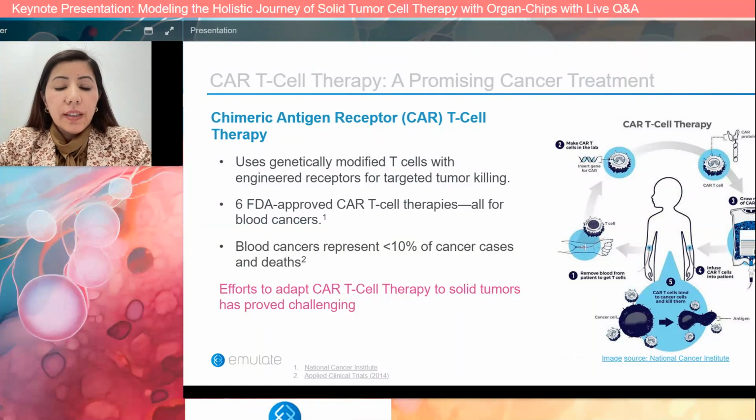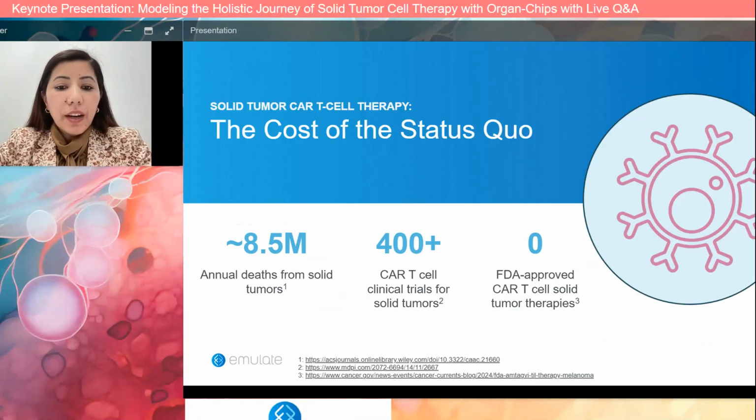However, unfortunately, the efforts to adapt CAR T cell therapy to solid tumors have proven challenging for a number of reasons, which we will talk about in a little bit. There are around 8.5 million annual deaths from solid tumors, which is way higher than for liquid tumors.